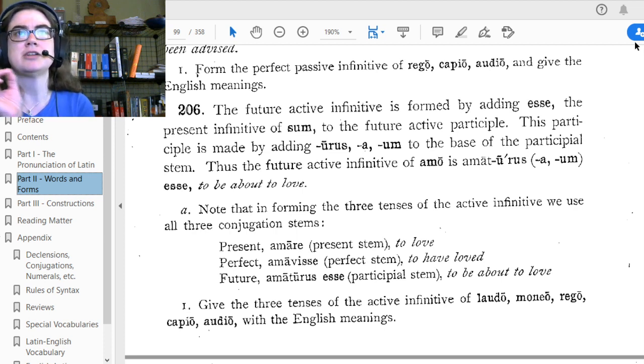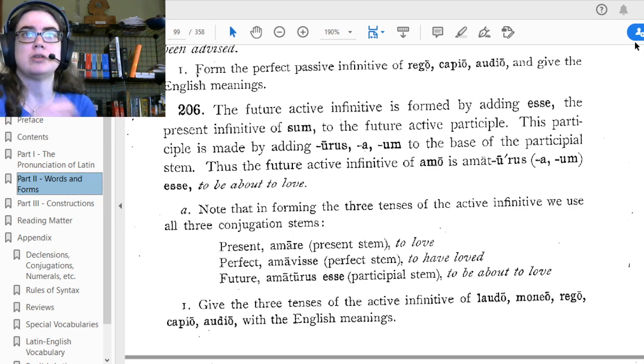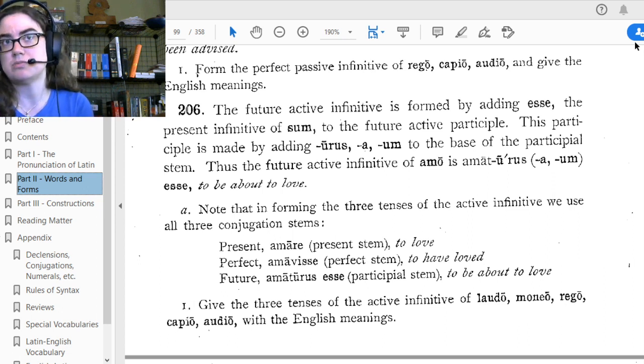Thus, the future active infinitive of amo is amaturus esse. To be about to love. Amaturus. Formed from amatus. Remove the us and add urus. Amaturus. To be about to love.